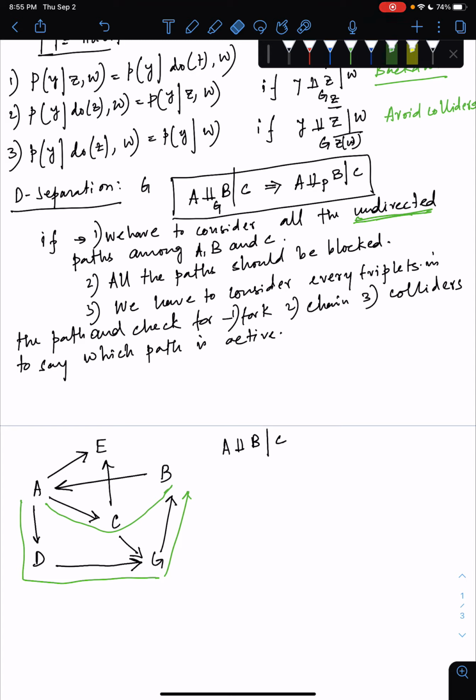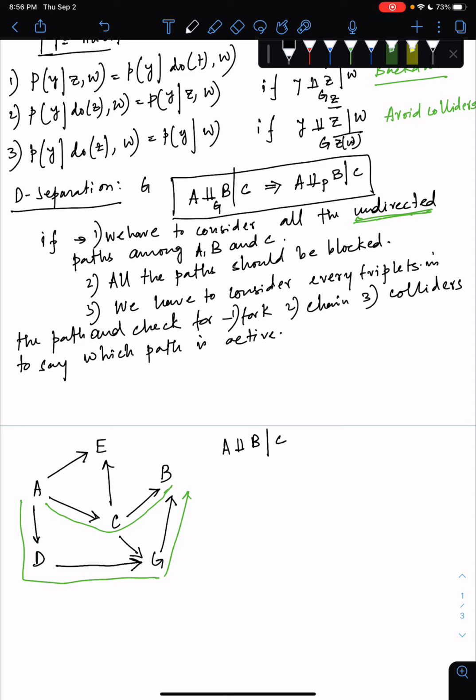So you don't have a path from A to B, but you have a directed path from B, G and A. So you need to consider this path as well, whether any information will be flowing from A to B. That is why this undirected thing came. So let me remove this and go back to my original graph.